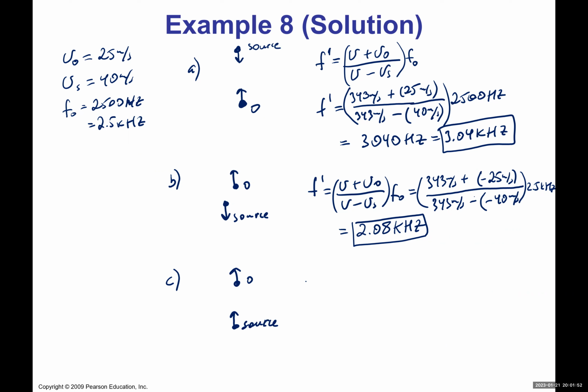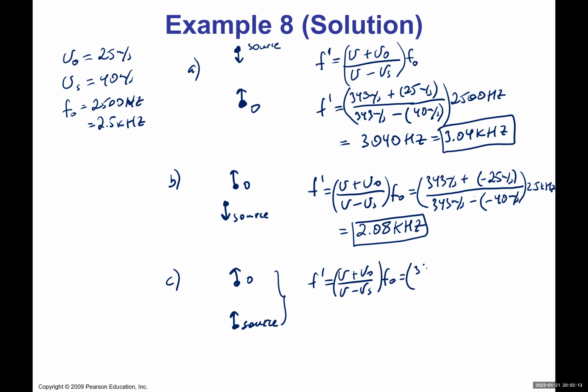Now what we have here is, remember, the still same 2500 or 2.5 kilohertz, same speeds and things like that. Now, if I'm calculating this for this scenario, F prime equals (V plus VO) over (V minus VS) times the original frequency.